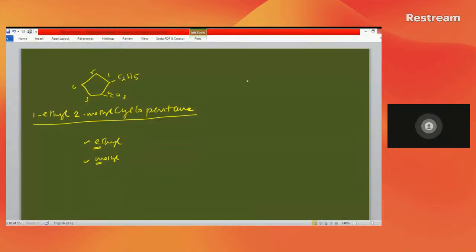And you see a cyclohexane in which the substitutions are present as follows: CH3, CH3, and the other position has C2H5. Then your numbering should start from this carbon: 1, 2, 3, 4, 5, 6.